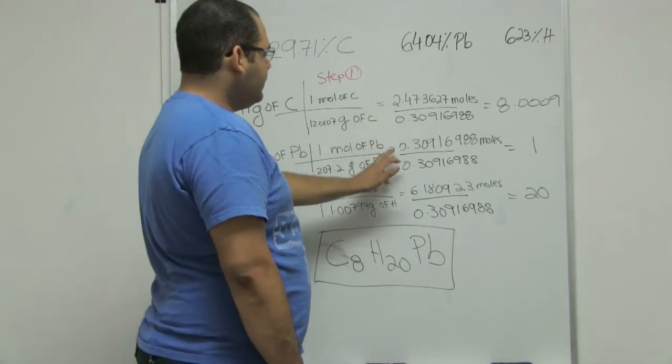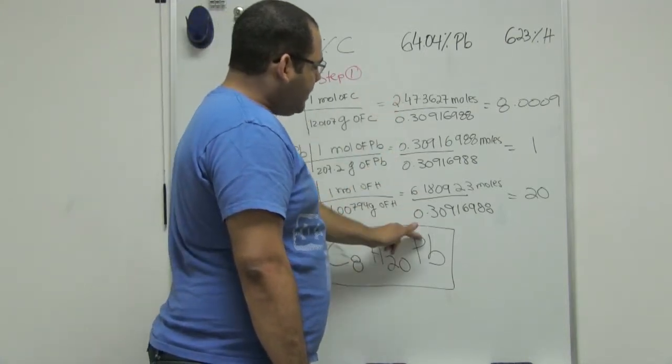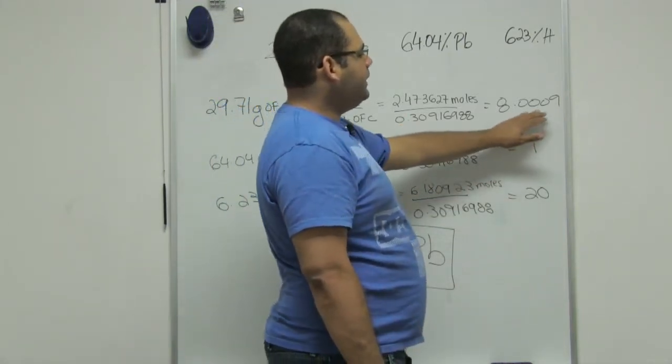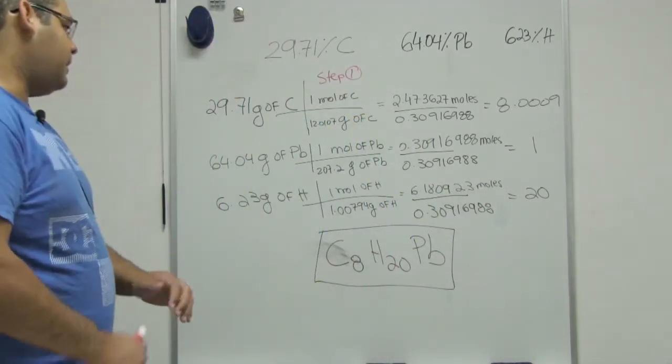Find the moles, look at the smallest one, and divide everybody by the smallest number. Then I get my answer, I just plug it in and find my empirical formula.